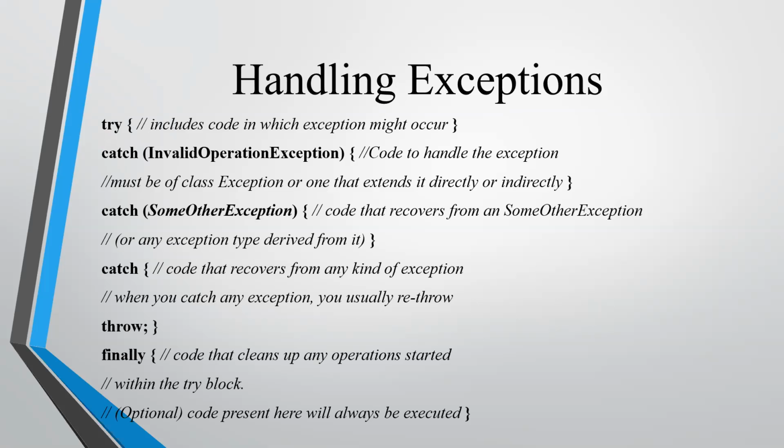The first catch block handles the case where an invalid operation occurred, so for that we have a catch block of invalid operation exception. Then we have a catch block if some other exception occurs apart from invalid operation. Finally, we have a generic catch block, which can handle any kind of exception which occurs in the execution of our program. And here we use the throw keyword to throw an exception.